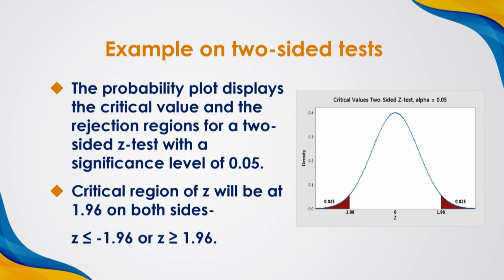What it means is that Z equals plus 1.96 on the right hand side and minus 1.96 on the left hand side. So, Z less than or equal to minus 1.96 or Z greater than or equal to 1.96 can be considered as critical regions.